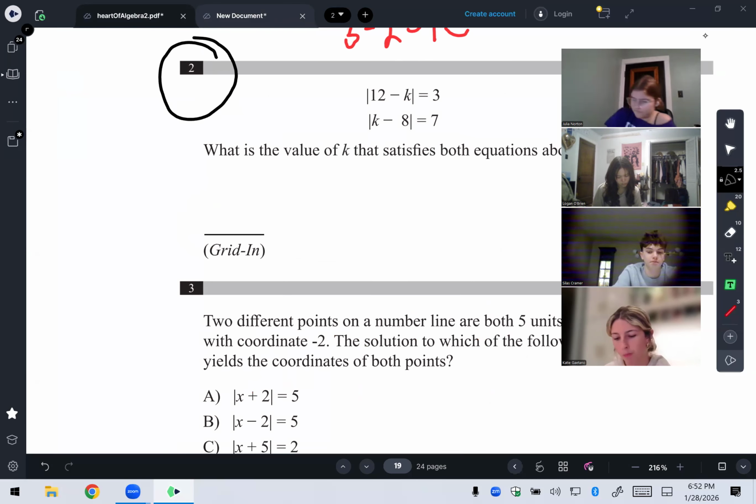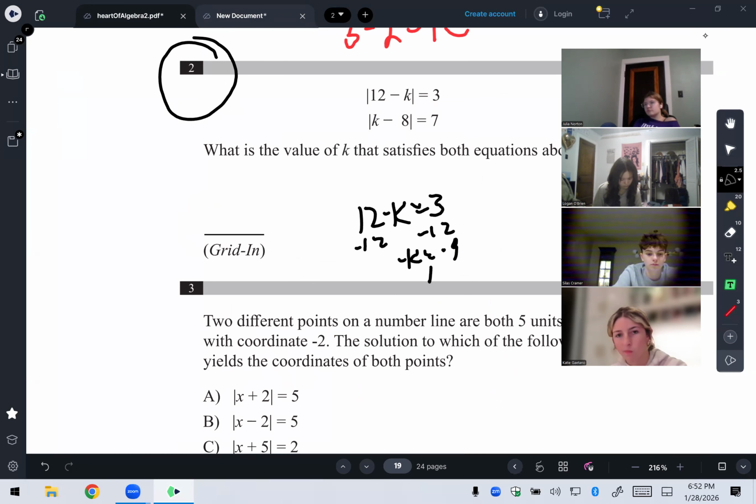12 minus k could be 3. So we could try that one. 12 minus k is 3. Minus 12, negative k could be -9. So k could be 9. But does 9 work in the other one? No. So what would work in the other one?